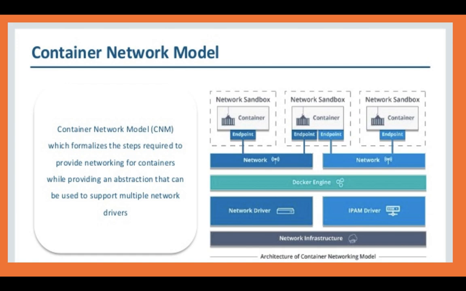By default on Docker we have three kinds of default network. First is the bridge network, second is host, and third is none. By default, all the containers can communicate using the bridge network.